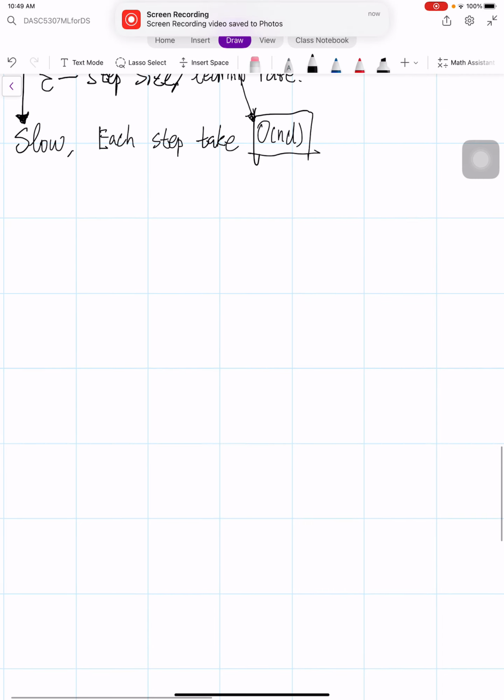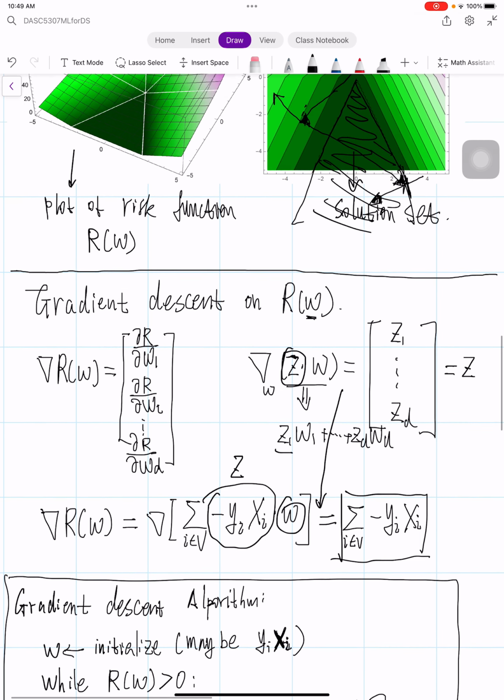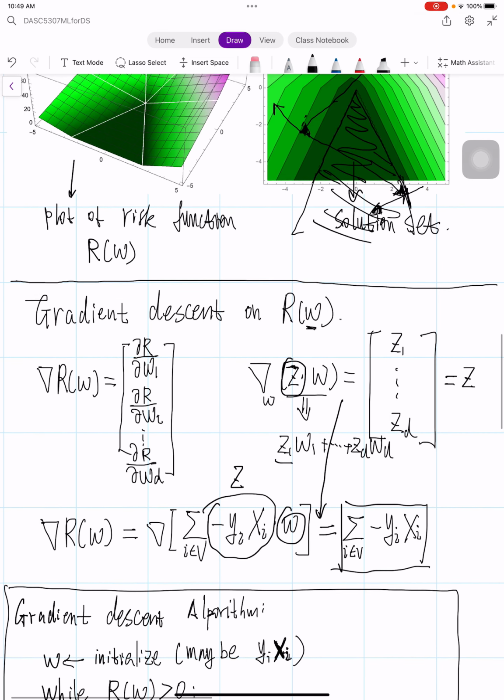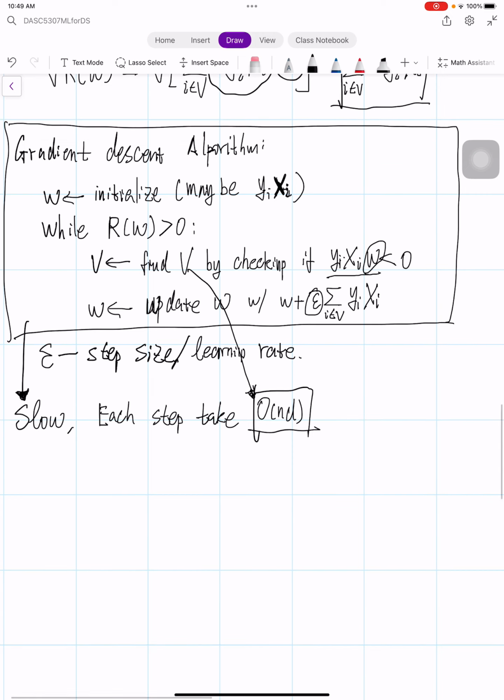So in the last video, we introduced the gradient descent algorithm for searching the omegas for the decision boundary in the linear decision problem. But we know the computation for this algorithm is very slow, due to checking if every data point is correctly classified.